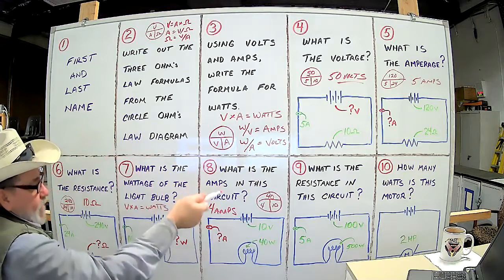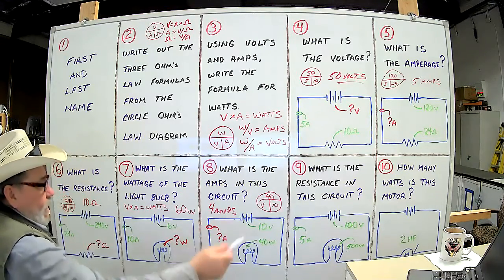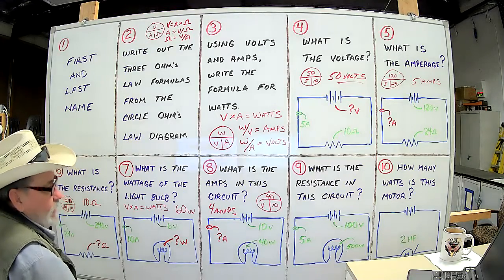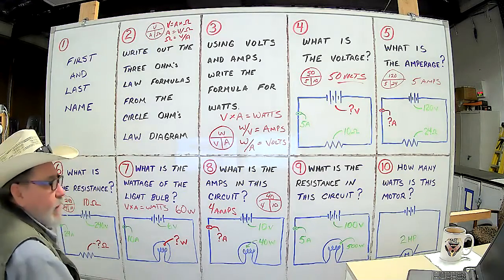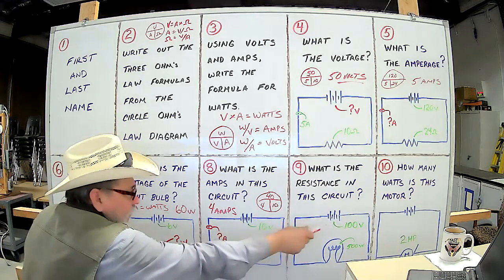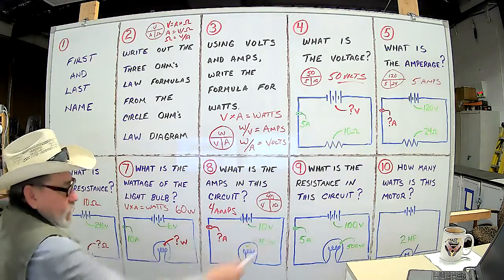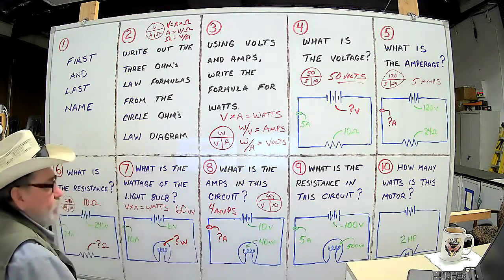What is number 9? What's the resistance in this circuit? Well, got a lot of information there you all don't need, but like, for instance, that 500 watts, that's kind of cool. It tells you it's a 500 watt light bulb. Volts times amps equals 500. 5 times 100 equals 500 watts. But the question is asking, what's the resistance there?